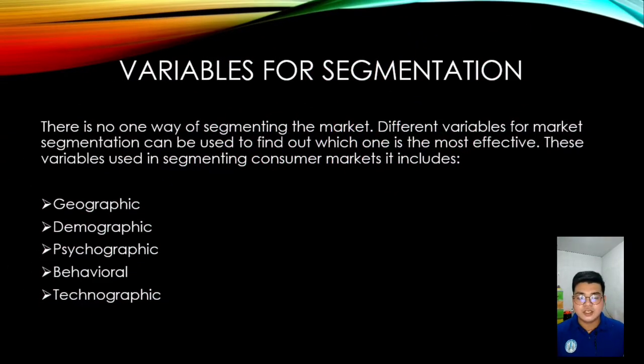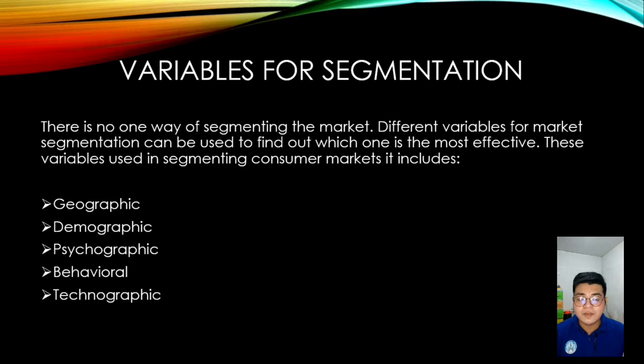Variables for segmentation. There is no one way of segmenting the market. Different variables for market segmentation can be used to find out which one is the most effective. The variables used in segmenting consumer markets include, first, the geographic.